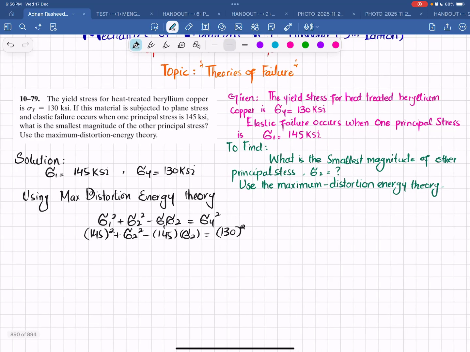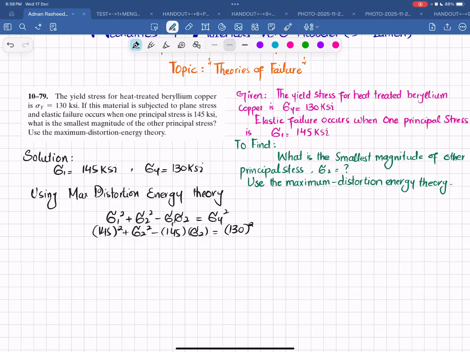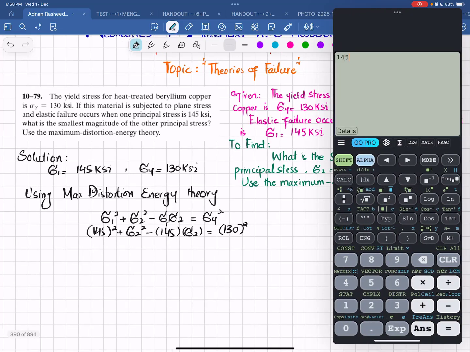Okay, so what we will do is that you will get this 145 square. So 145 square is 21025 plus sigma 2 square minus 145 times sigma 2 is equal to 130 square, which is 16900.